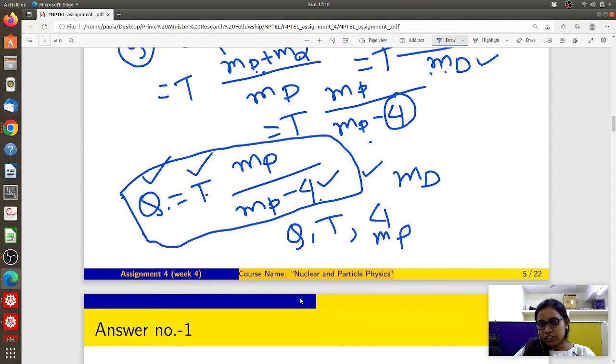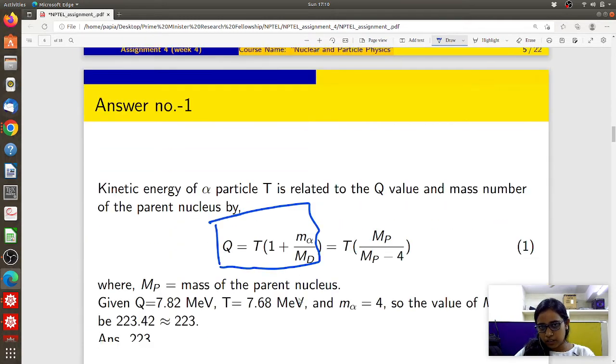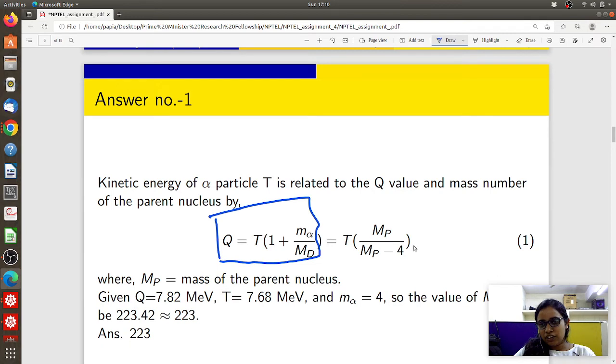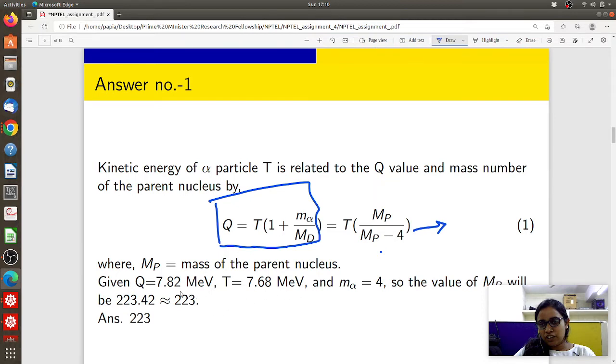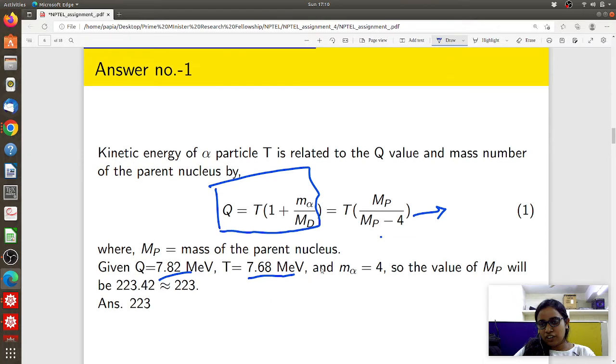A little calculation is needed. As I already told you, Q equals T into MP by MP minus 4. MP is the mass of the parent nucleus, and given that Q equals 7.82 and T equals 7.68 MeV, M alpha will be 4. Just putting the values here.